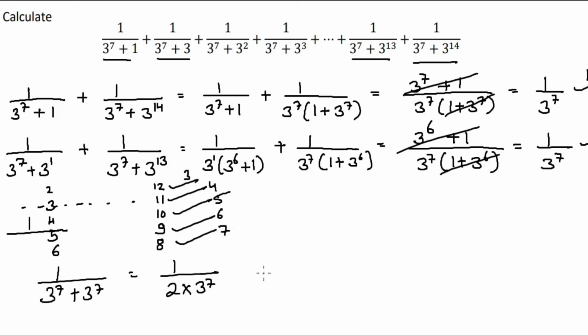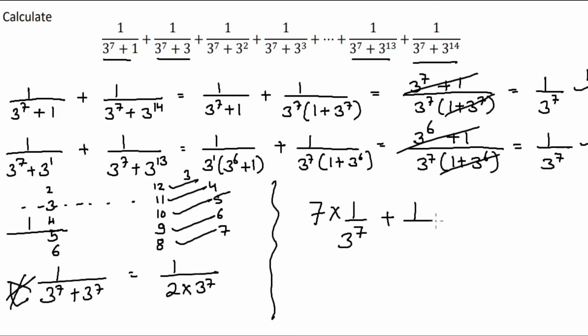So a total of 7 pairs will be there from this part, 7 pairs of 1 over 3 to the power of 7. And there is this singular one which needs to be added, so we are going to add 1 over 2 times 3 to the power of 7.